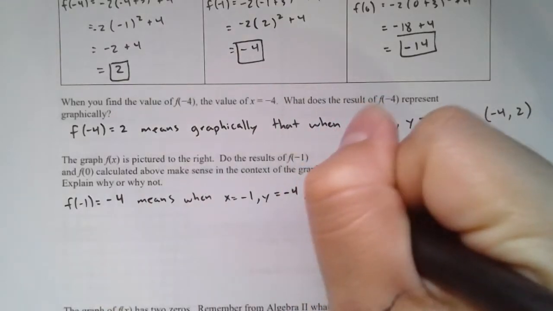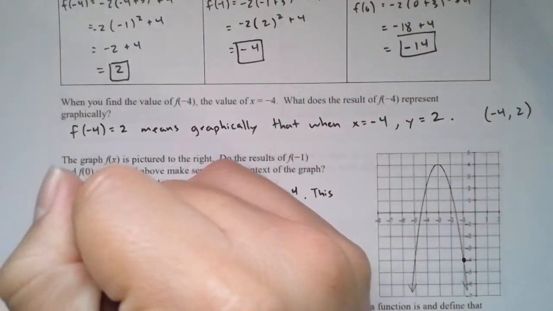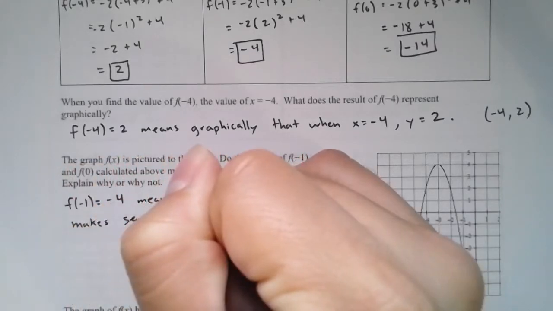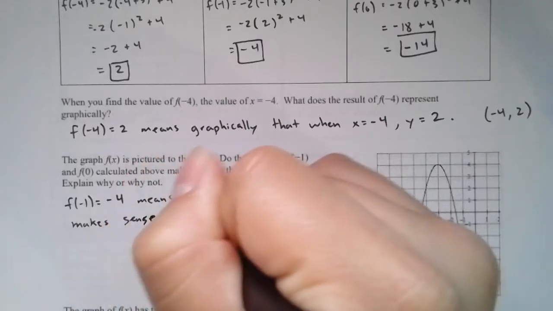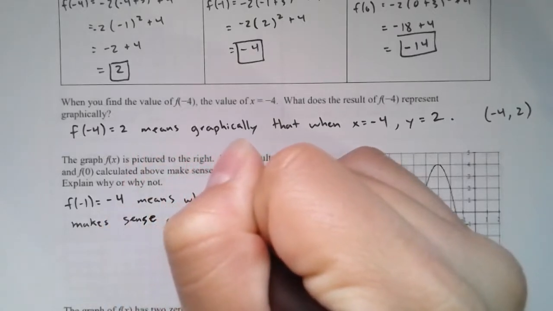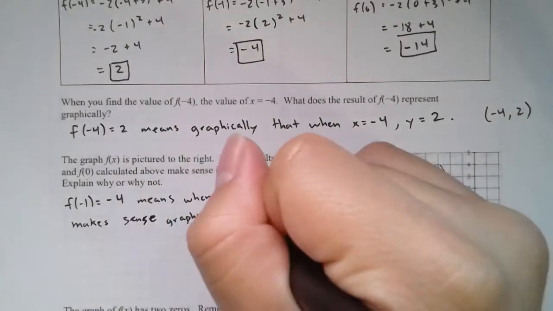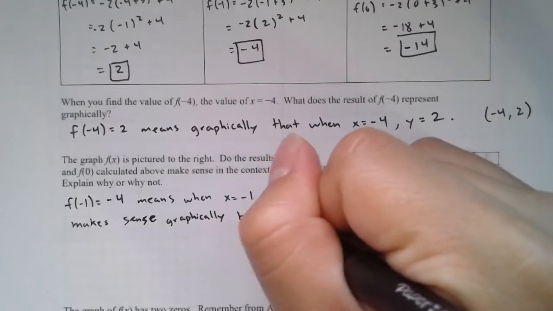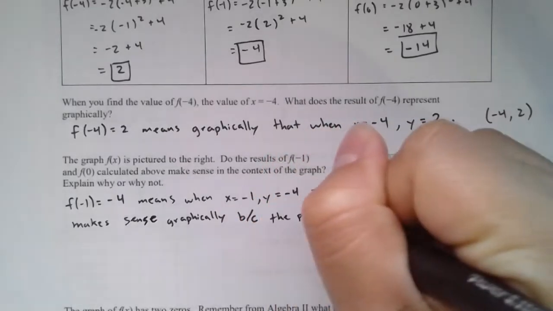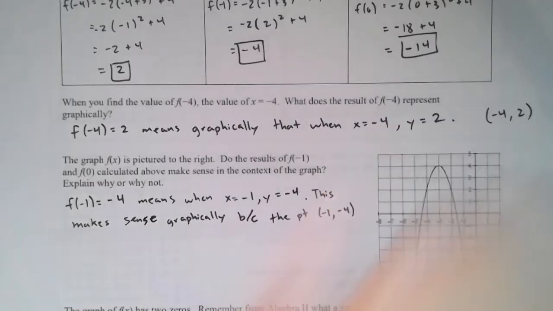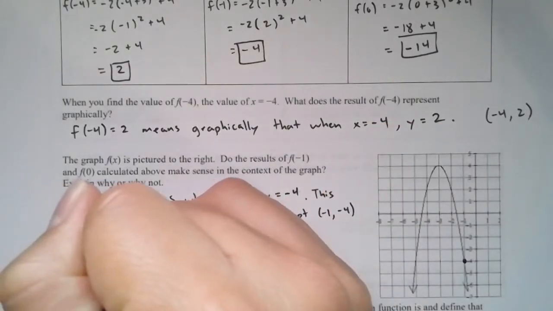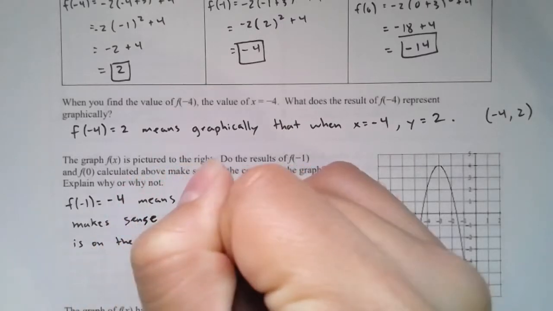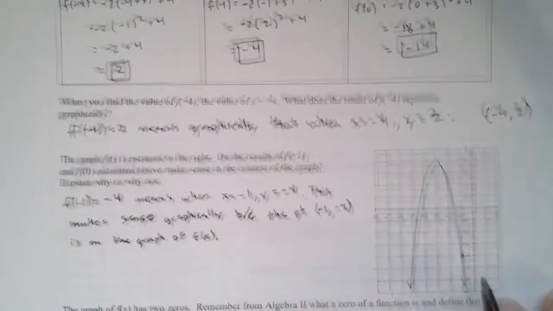This does make sense graphically, because, I'm going to abbreviate that, BC, because the point (-1, -4) is on the graph of f of x. We already showed it.